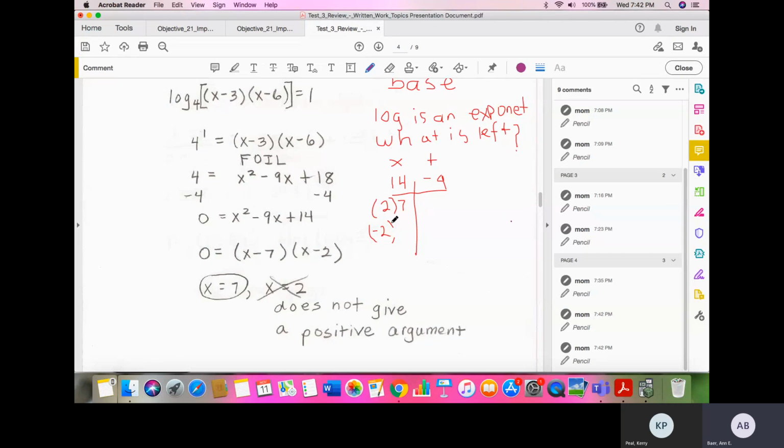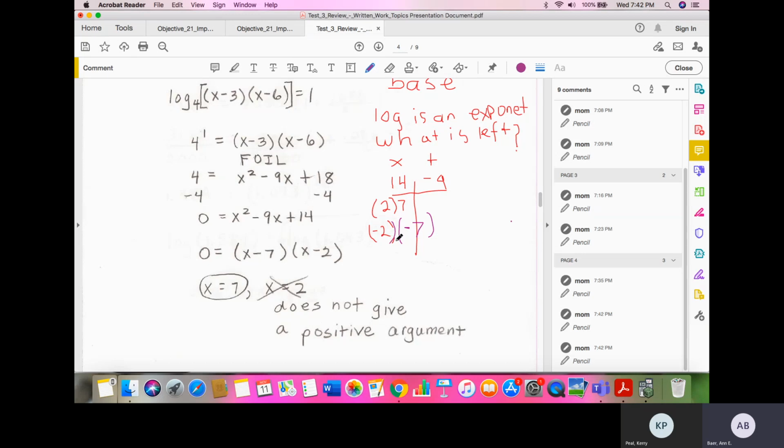So let's try this. So we've got a -2 times a -7. I may go a little bit over here, but that's okay. So -2 times -7 is +14.